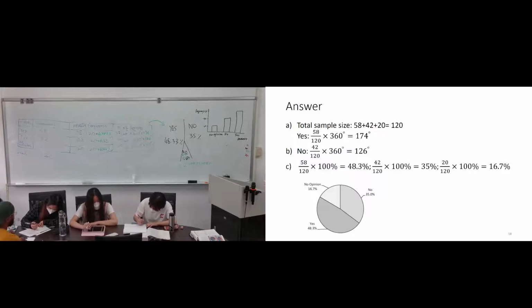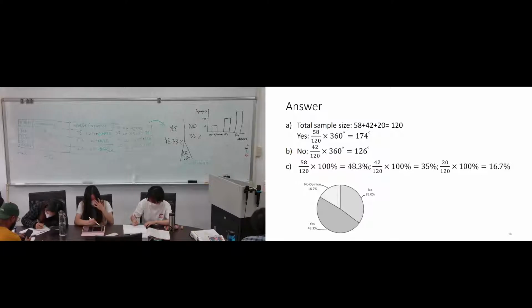Okay, question C. To find the relative percent frequency distribution, for the yes category, 48.3%, or you can use 48.33%. And no is 35%.